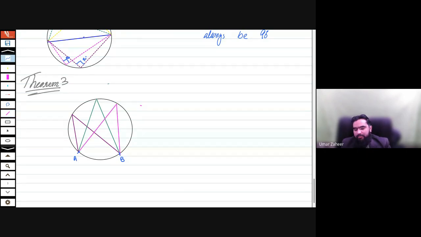Look at these angles: all of them are subtended from the same arc. The relation between these angles is that they are equal. It doesn't matter at which point on the circumference they are subtended. If these angles are subtended from the same arc or the same chord, anywhere on the circumference, they are always equal.